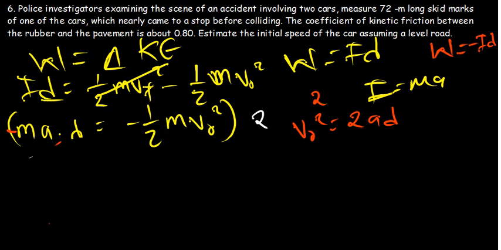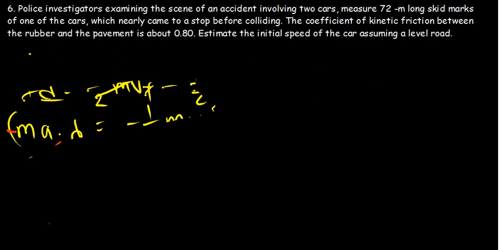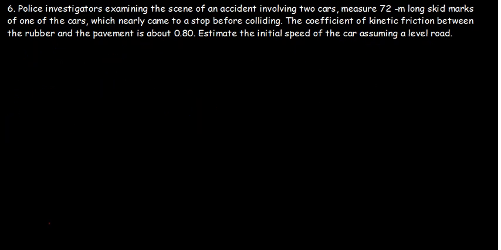From work done is equal to, maybe you can be confused there. Let's do this. We are saying that work is equal to change in kinetic energy. So now work is the friction force. Now that friction force is going to carry negative. If we want, we can just ignore it, times distance.